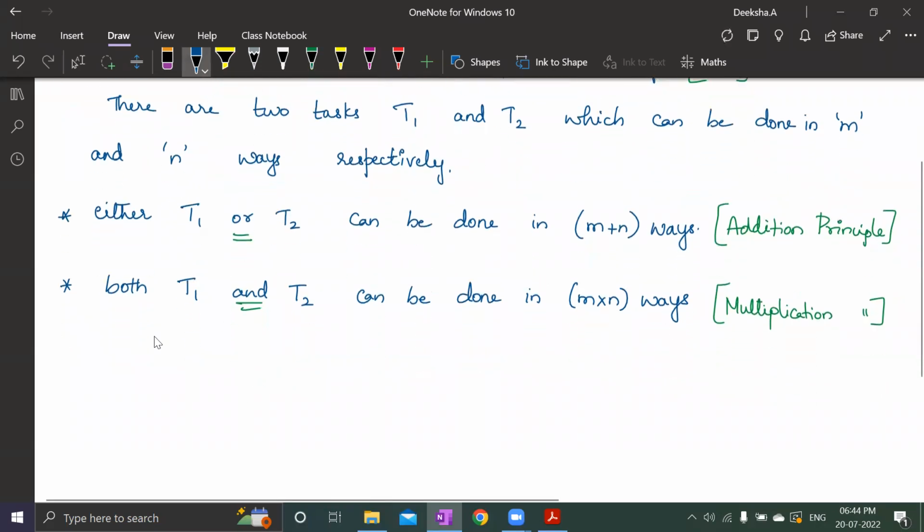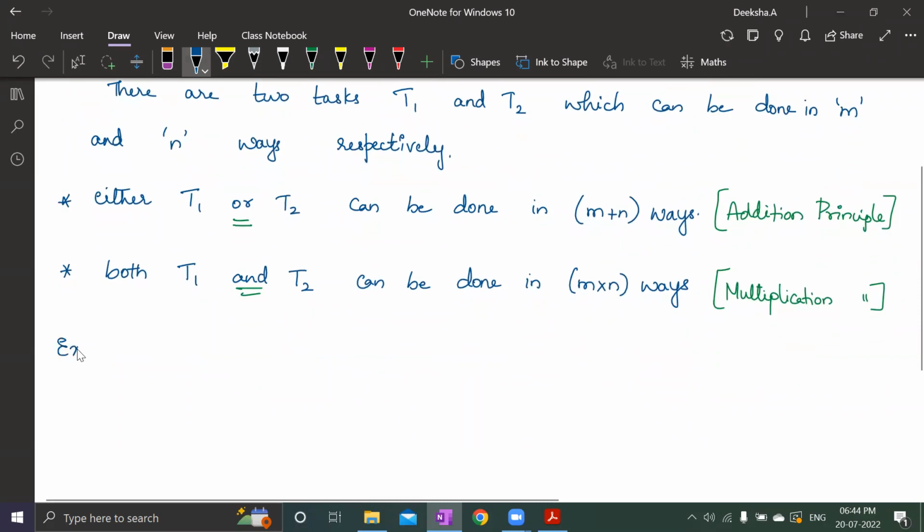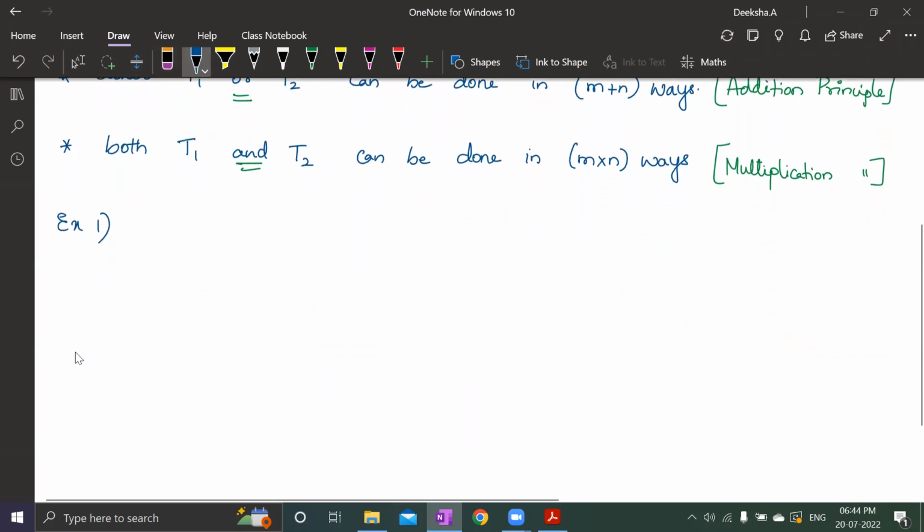So what do you mean by this or and? Let me take an example. Example one. Suppose there is a student who goes from home to school. This is his home and this is the school.